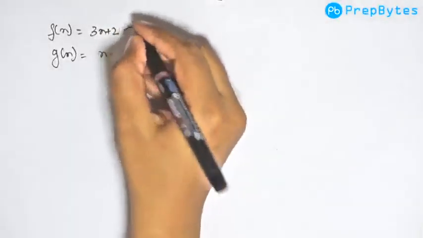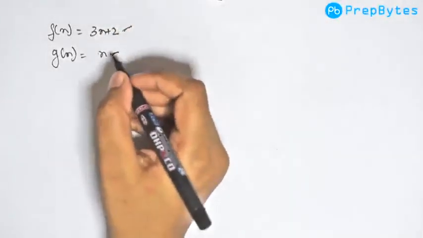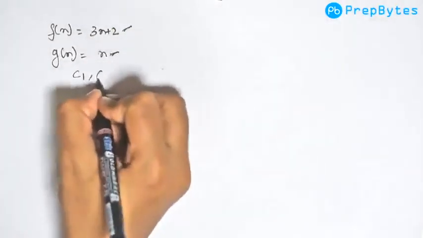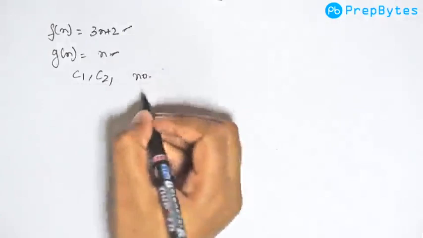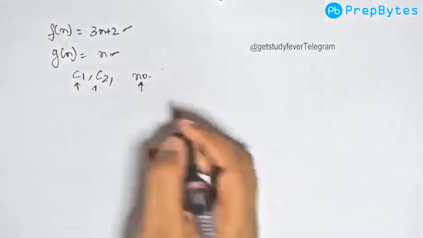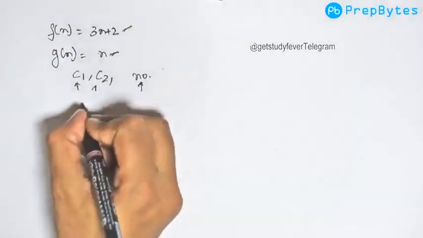Now let's say this is the time complexity and this is G of N, which is the most significant term, and we want to see if there exist some C1, C2 and N naught such that for these C1, C2 and values greater than or equal to N naught, this condition holds true.